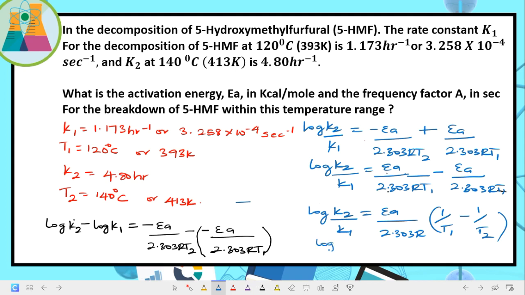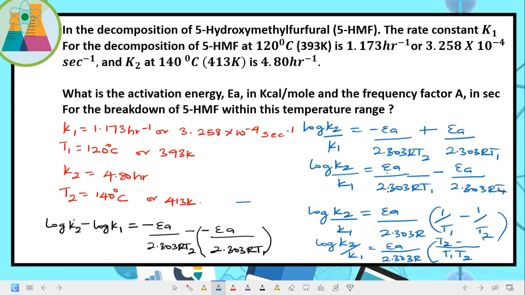So this gives us log K2 over K1 is equal to EA all over 2.303 R, brackets. What is the LCM here? The LCM is T1 T2 all over. Here, this divides this, it gives us T2, minus this divides this.